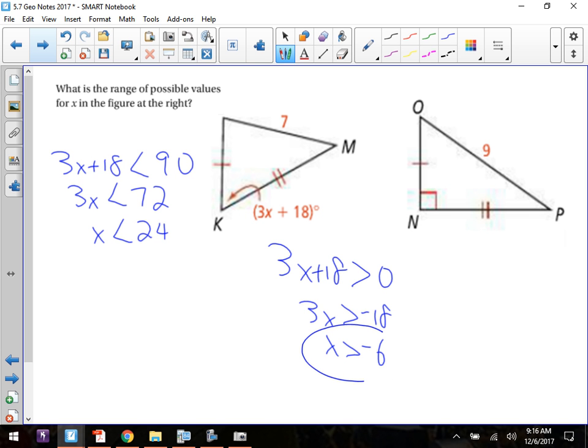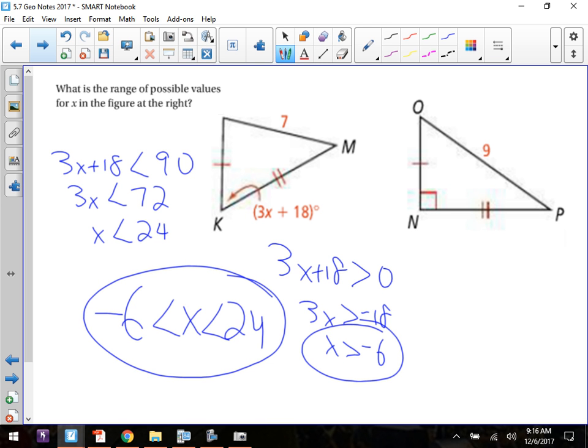It's okay if you wind up with a negative value of x, because it doesn't necessarily mean that you're dealing with a side length or an angle. It's one of those things you take a second to substitute back in. So just like we did earlier, we write it as what's called a compound inequality. We get that. Okay. Not so bad.